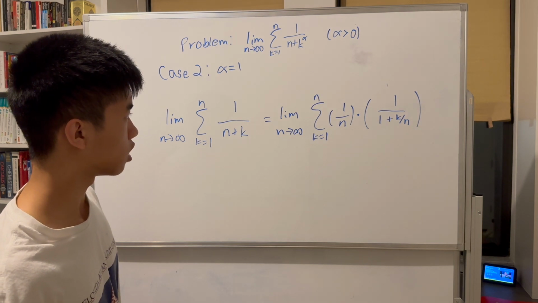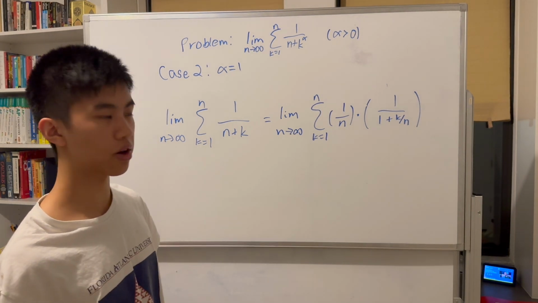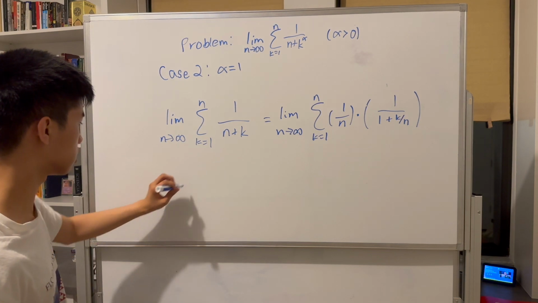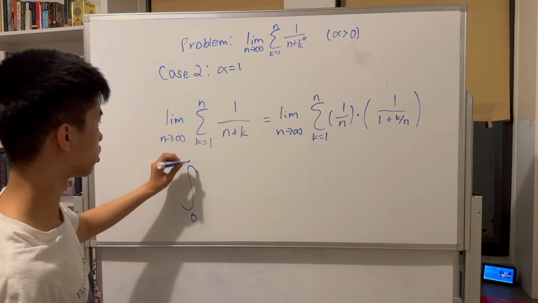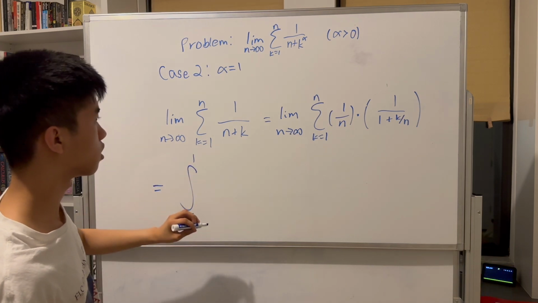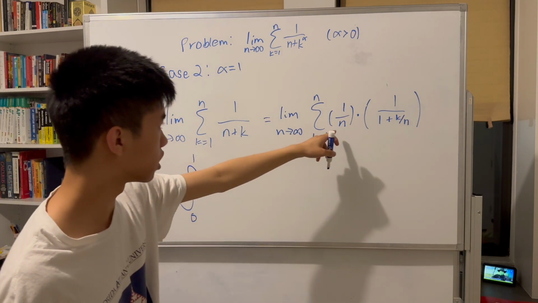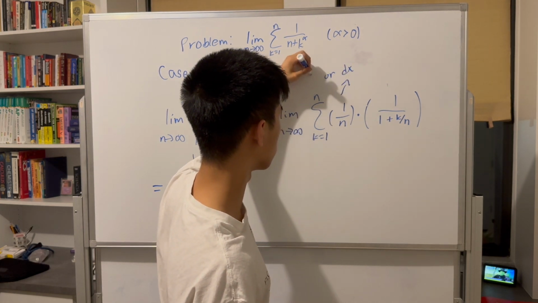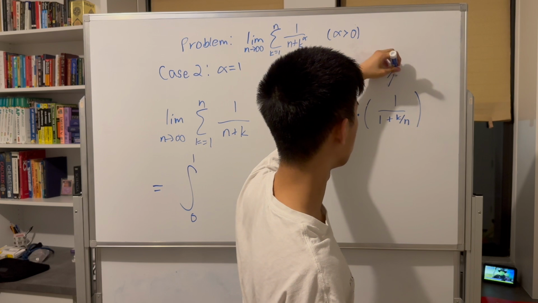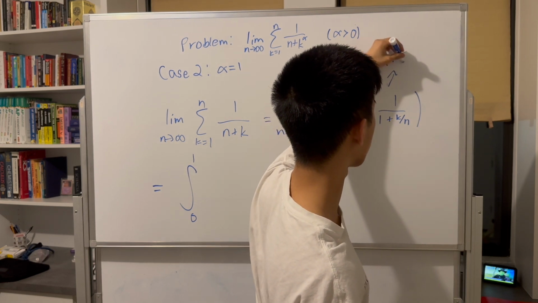So if you just remember from your basic calculus class, you'll know that this is actually just equivalent to the Riemann integral from 0 to 1, so this would be your dx or delta x, and this would be 1 over 1 plus x.